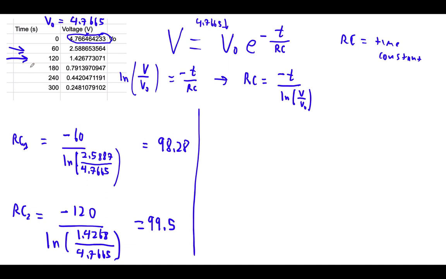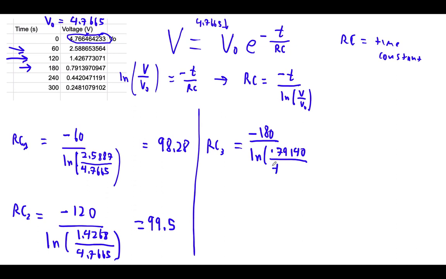And then let's do RC3 is equal to, let's see, the opposite of 180 divided by the natural log of 0.79140. Notice I'm carrying 5 digits. I'm not just rounding to the 4th decimal place.